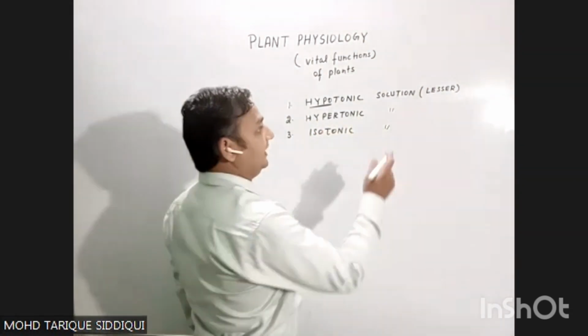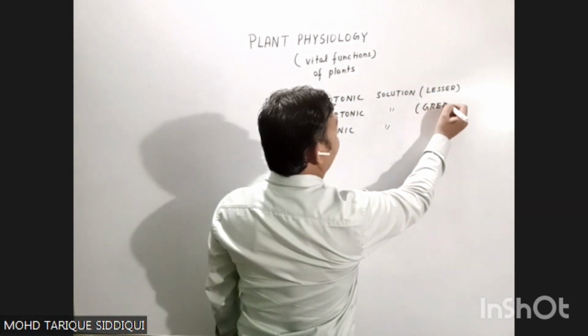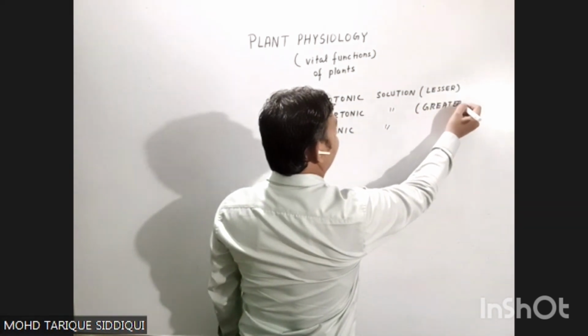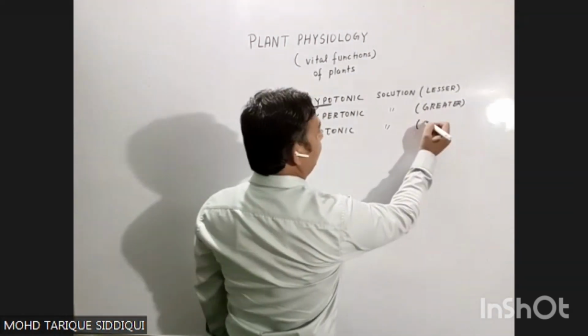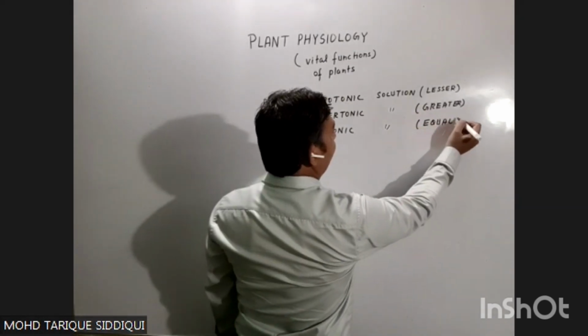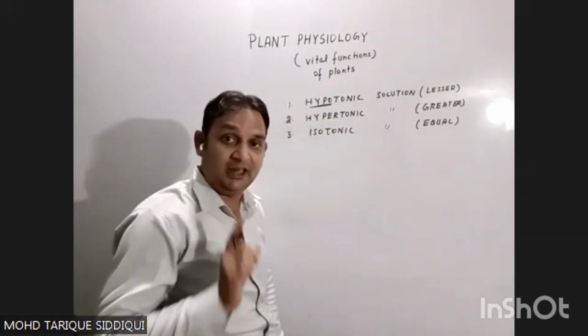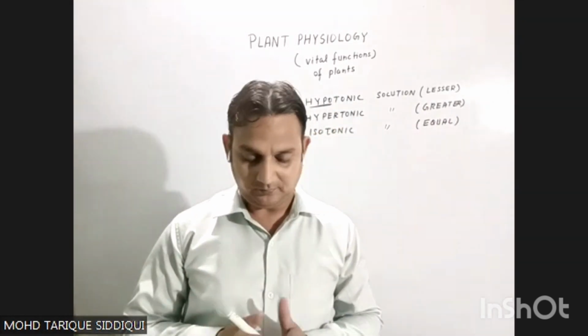Hypertonic solution is that solution whose concentration is greater than the concentration of cell sap. An isotonic solution is that solution whose concentration is equal to the concentration of cell sap.